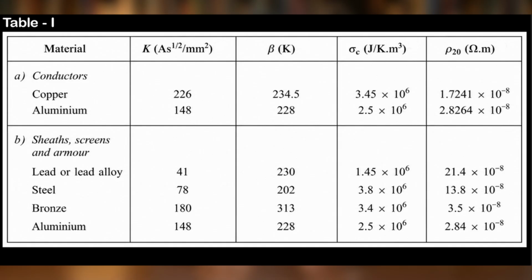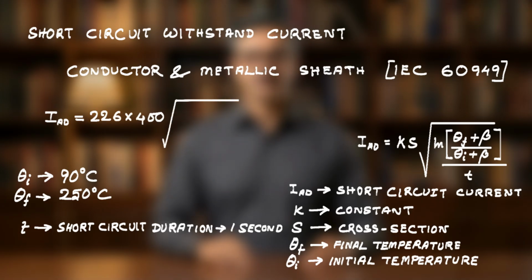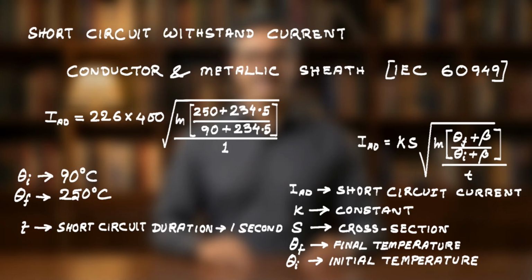From table 1, we take the value of K for copper, which is 226. And we also take the value of beta for copper, which is 234.5. Now, substituting these into the formula, we get IAD equals 226 into 400 into square root of log of (250 plus 234.5) divided by (90 plus 234.5), and the whole divided by 1.